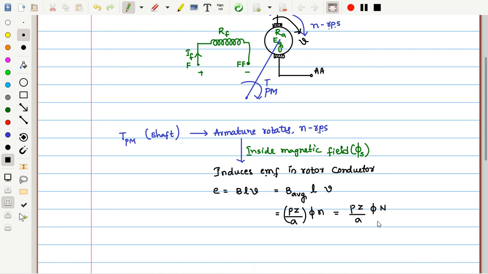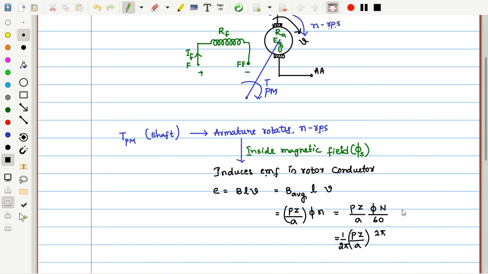To make this similar to the torque formula, we can make one more change: the speed can be expressed in terms of rotational speed, angular speed. As Pz by A is a constant, I will divide by 2 pi and multiply by 2 pi.